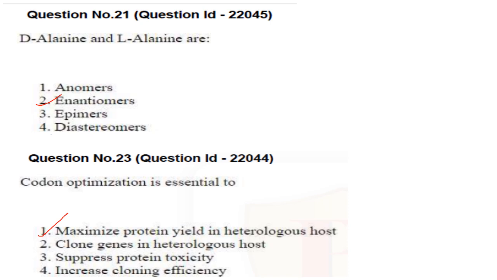But if other codons come of alanine, they will not be recognized. Then they can lead to reduced level of protein production or stalling of the ribosome during protein synthesis. So that is called as codon bias.